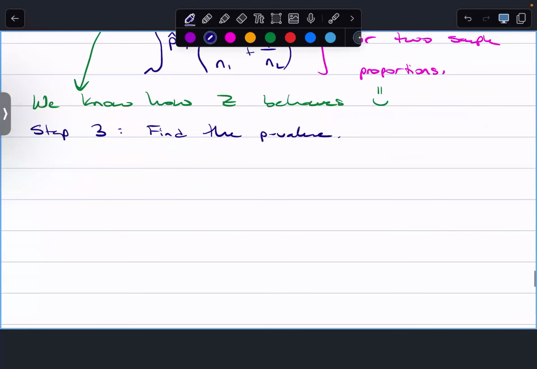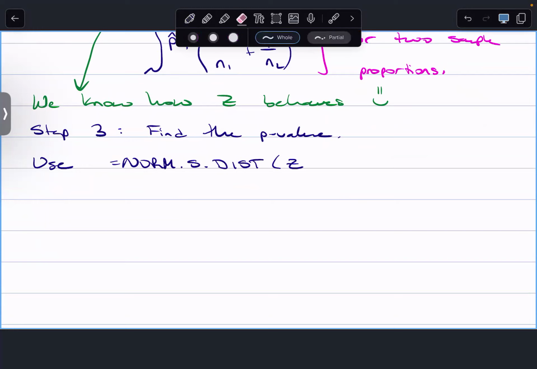And so we can use NORM.S.DIST of z and true, right? Cumulative is always true for the normal because we need the area to the left.